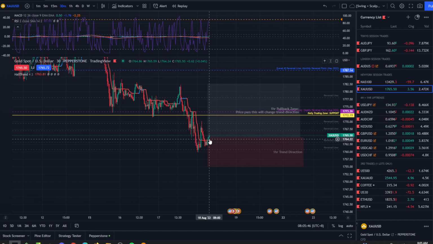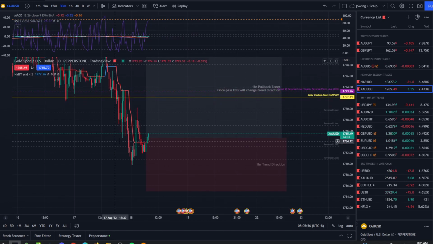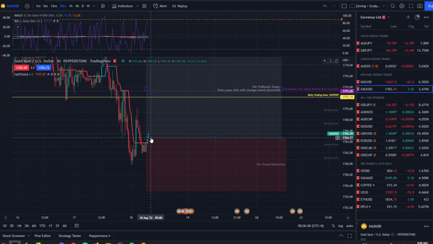We're waiting for an engulfing down on the 30-minute, and when it passes this opening right here, so let's zoom in a little bit. We're trading 30-minute charts. When it passes the next candle, if it passes here, that is when we will enter the trade. But that's in the next one.